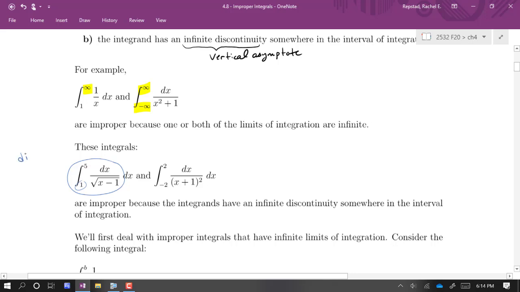So it's discontinuous at x equals 1, and that's one of our limits. That makes it improper. If you look at this other one, you might say, well, that's not discontinuous at either of the two limits. And you're right, it is definitely continuous at 2 and negative 2, but it's discontinuous at x equals negative 1, and negative 1 is in the interval from negative 2 to 2.